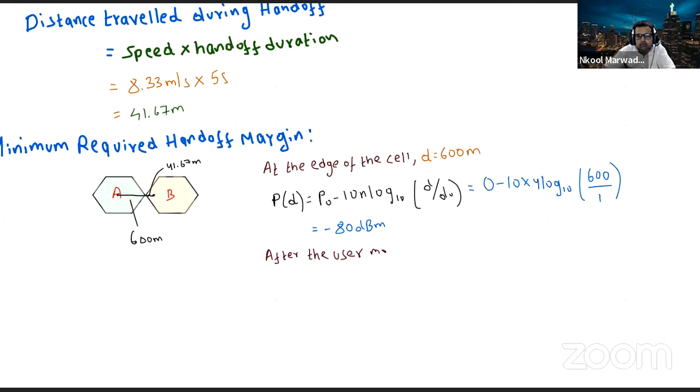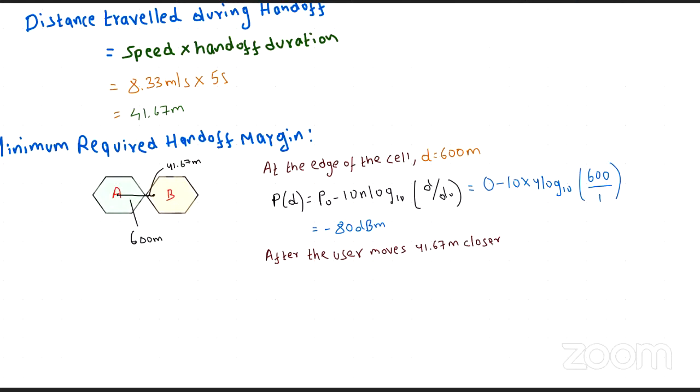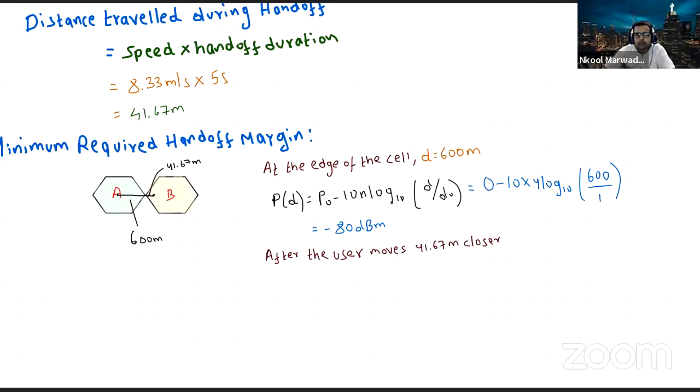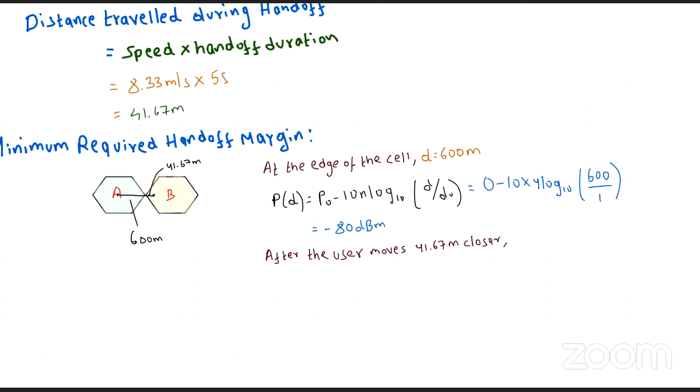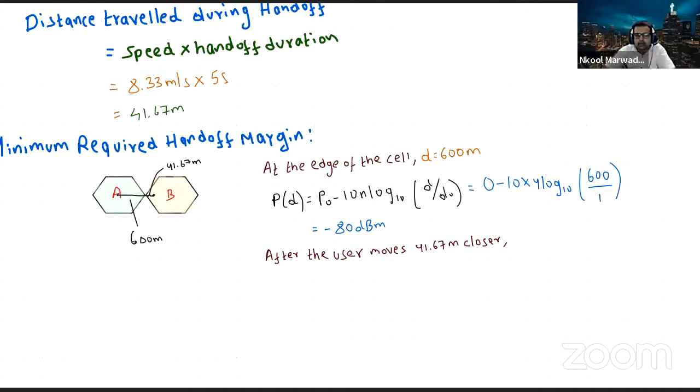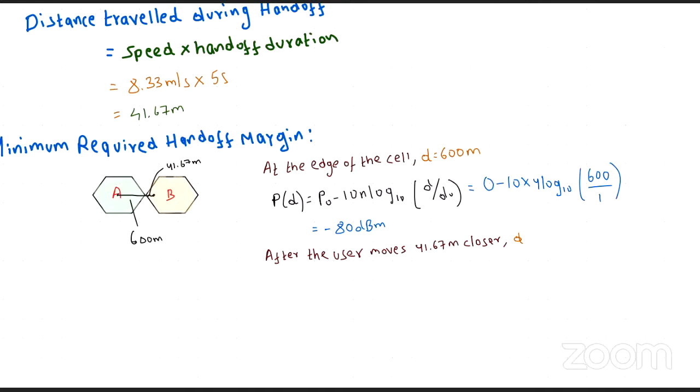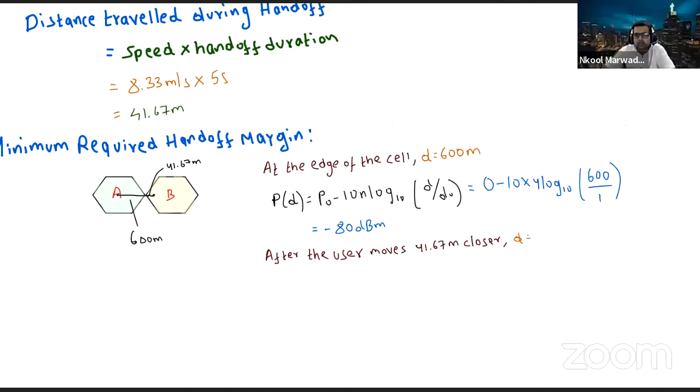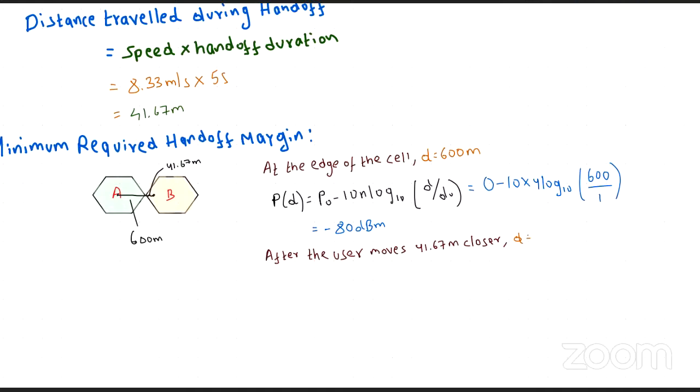After the user moves 41.67 meter closer, at this point, what will be the distance of the user from the tower B? 641.6? No. From B, it is 600 minus 41.67, which is 558.33.